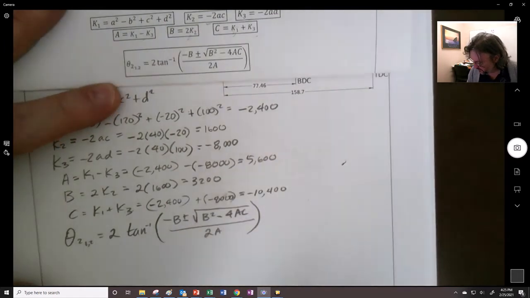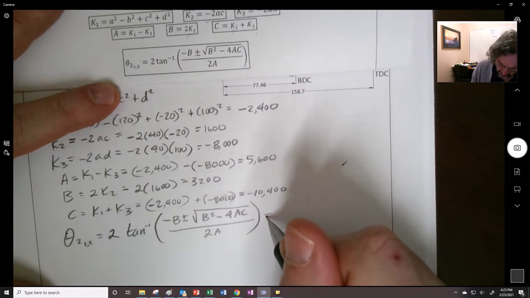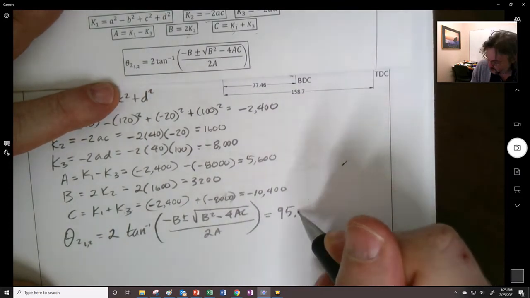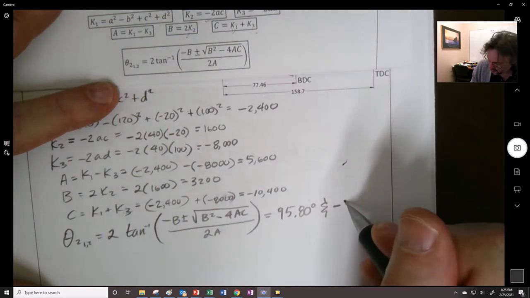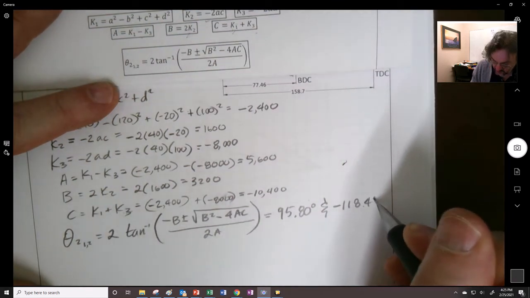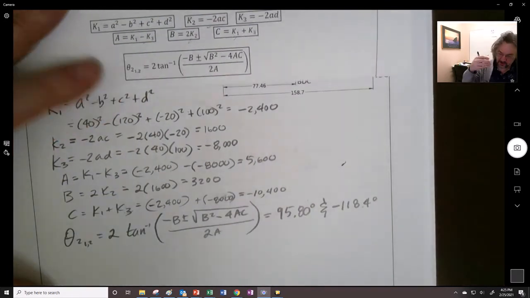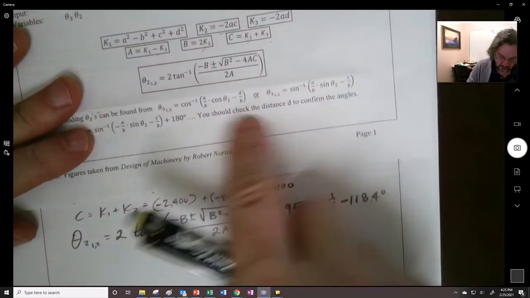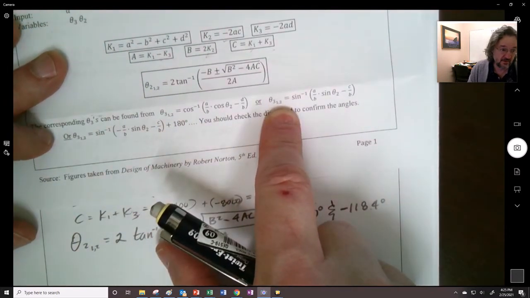And I didn't bother to plug in all of those values, so I'm not going to do it here either. We get 95.80 degrees and a negative 118.4 degrees. So we can use those with theta 3 right here.